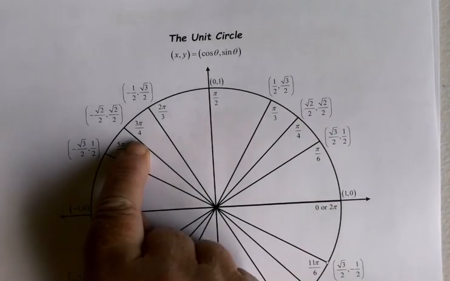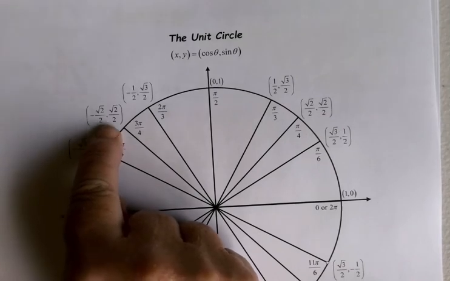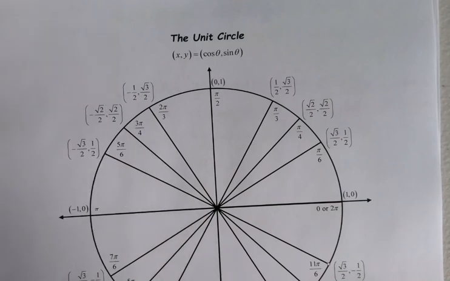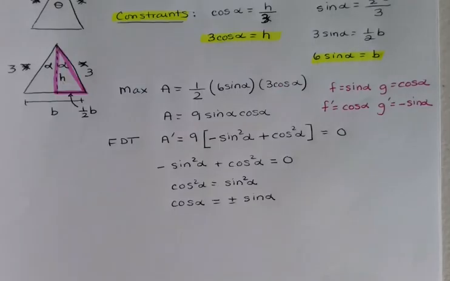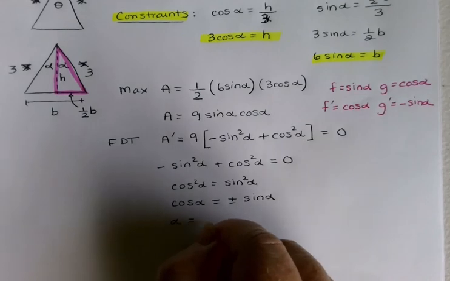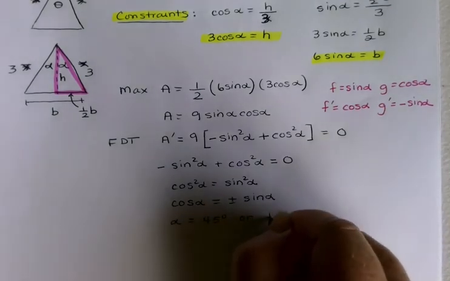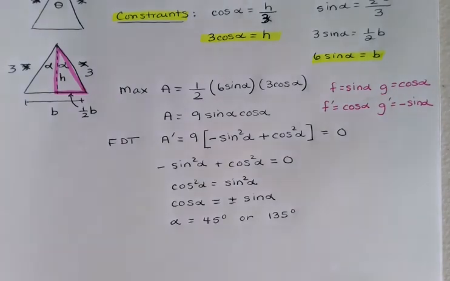And at 3 pi over 4, which is 135 degrees, they're opposites. I don't want to go any further than that because then I get more than 180 degrees, which of course can't be in a triangle. So I'm going to say, based on this, alpha could be 45 degrees, or it could be 135 degrees.